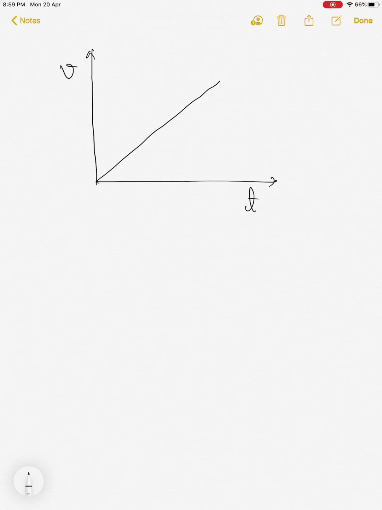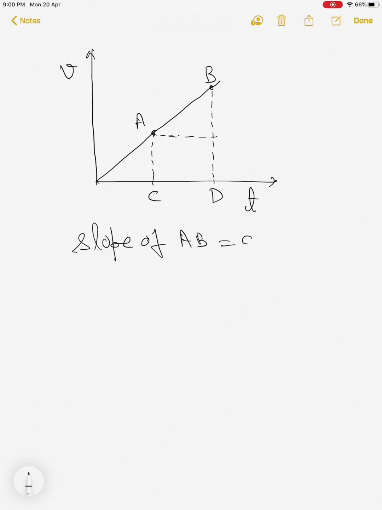The graph is here, a velocity time graph this way, and we want to find the acceleration of the object between A and B. Then from A we draw a perpendicular, from B another perpendicular, AC and CD. Now we will find the slope of AB. Slope of AB is equal to acceleration.